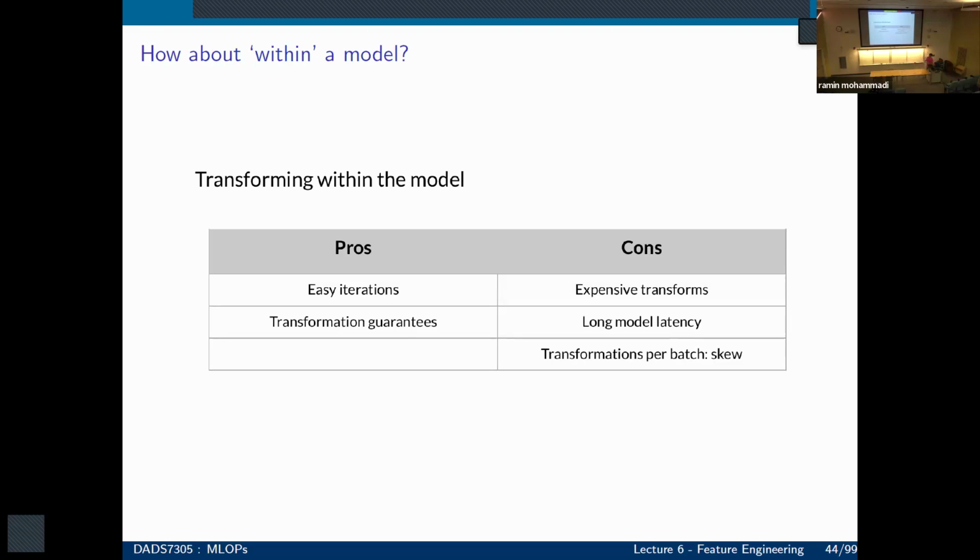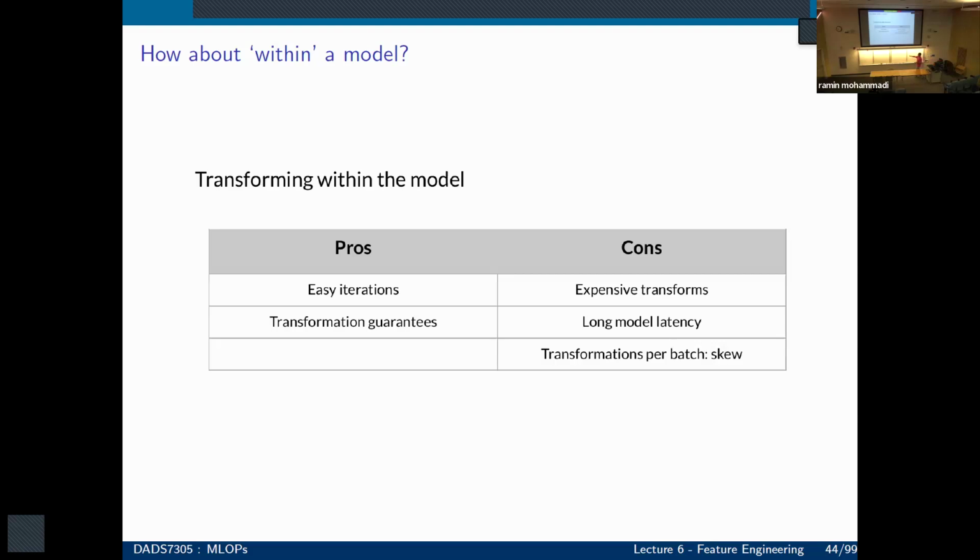The benefit of that is it's easier iteration, and the transformation is guaranteed. But the con is that it's more expensive. Why? Because when you go to the model, it takes more resources, depending on how you're doing it, on GPU, and it causes the model itself to be slower.